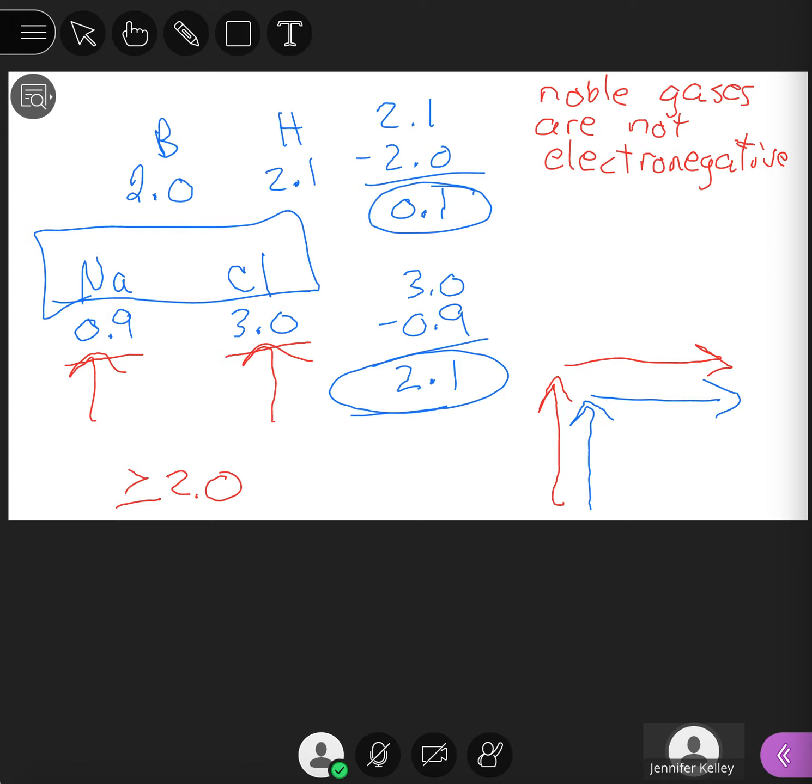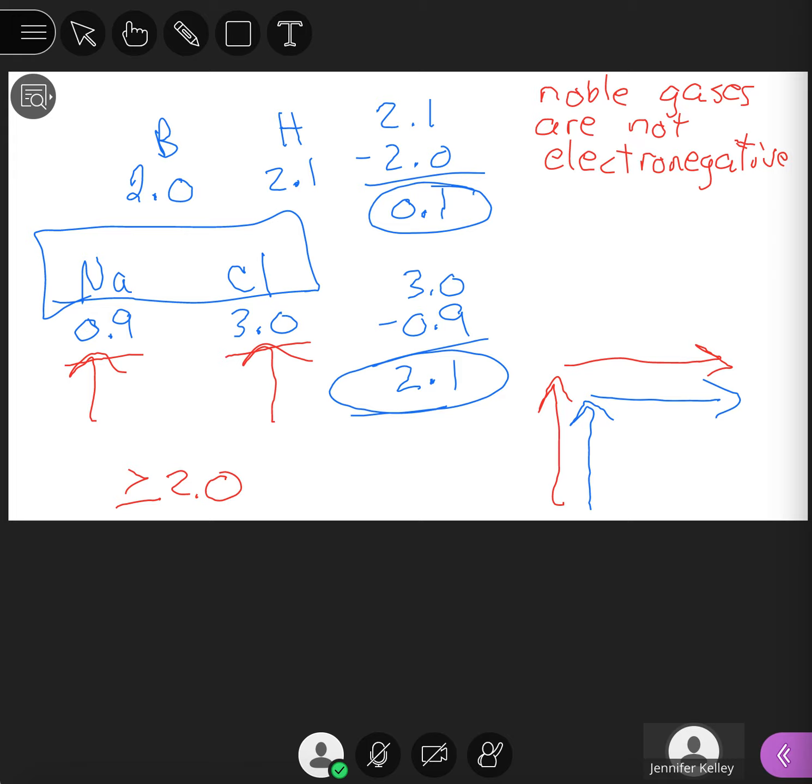Okay, so if you click on electronegativity, it'll give you the trend of electronegativity, but it's not going to give you the numbers. There are a couple ways. You can go to section 4.2 and look at 4.5 to find the electronegativities. The other one is you can actually just Google electronegativity periodic table, and then you'll find that.